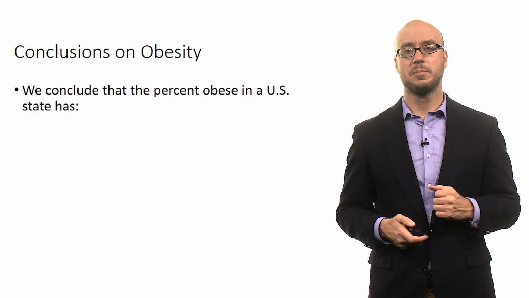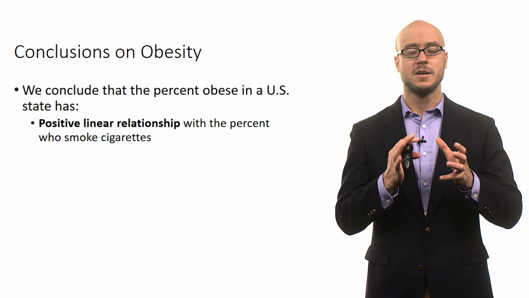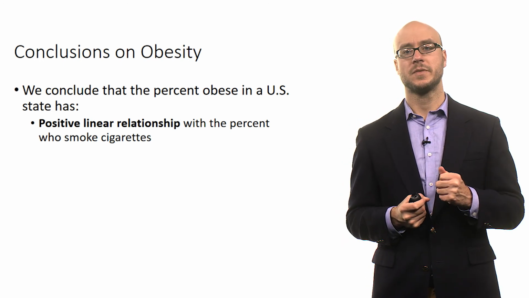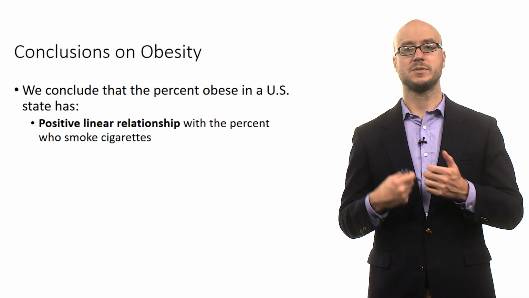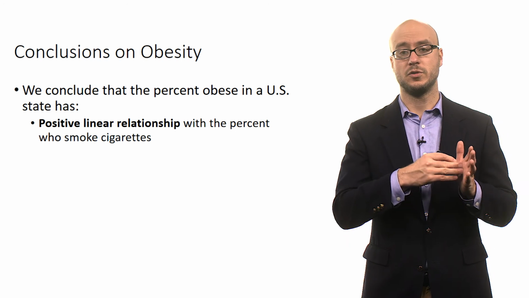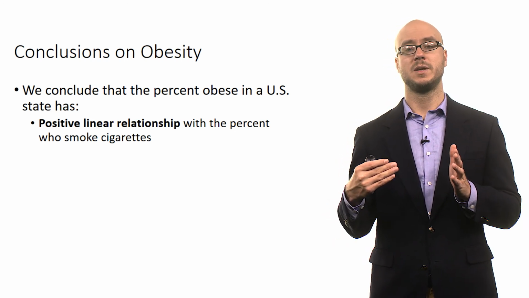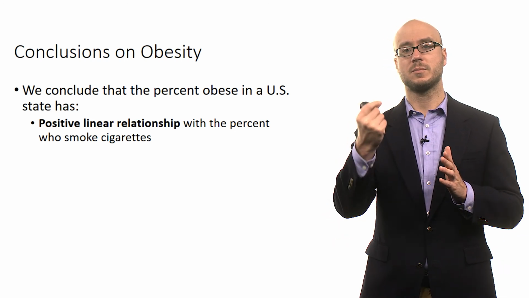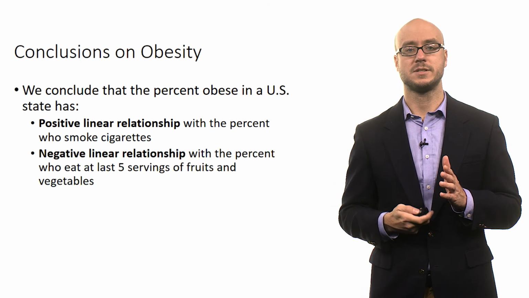So at this point, just based on scatter plots, we can start coming to conclusions about obesity and relationships between one numerical variable and a set of numerical variables. Based on scatter plots alone, we can say that there's a general positive linear relationship between the percent obese and the percent who smoke cigarettes. So the greater the percentage of people who smoke cigarettes, the greater the percent obese in particular states.